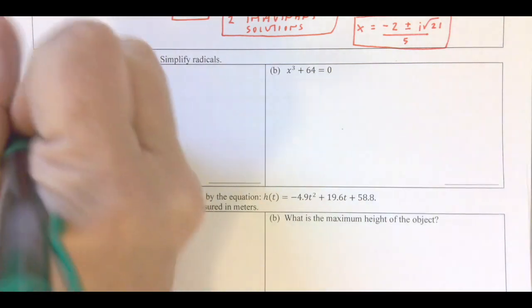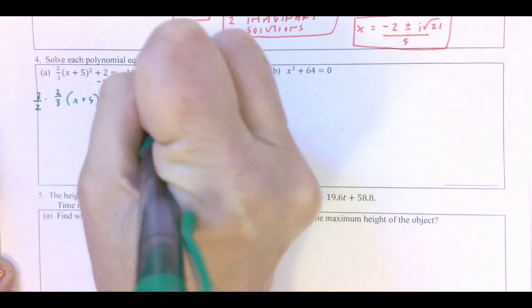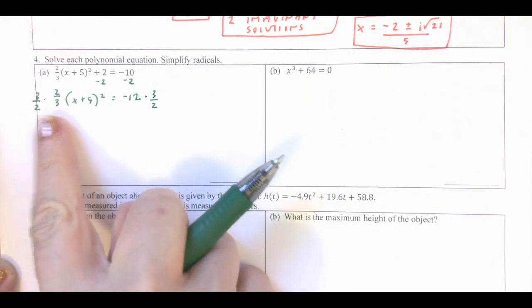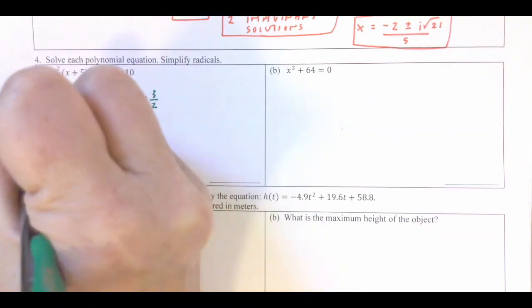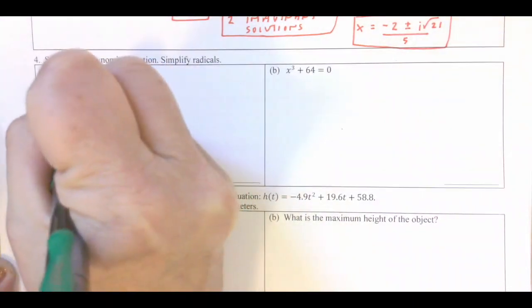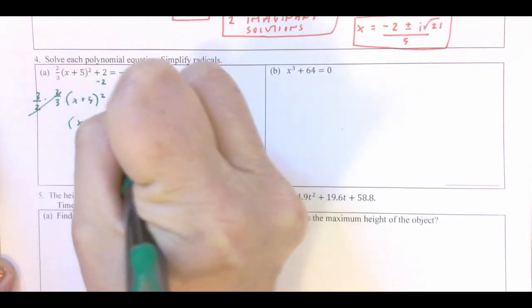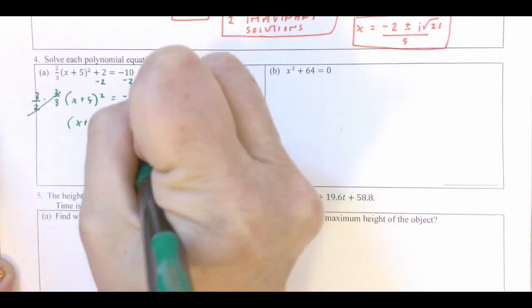If I want to clear my fraction, I can multiply both sides by the reciprocal of 2/3, which is 3/2. Multiplying a number by its reciprocal clears to 1. So now I have x plus 5 in parentheses squared equals negative 18.